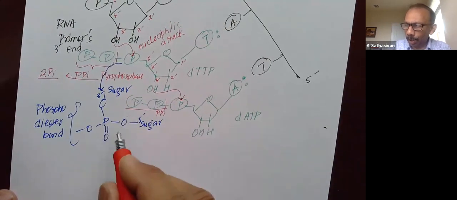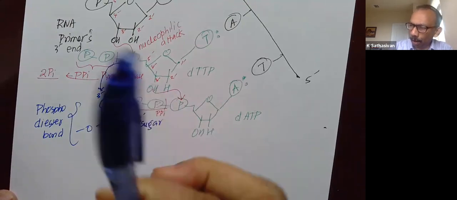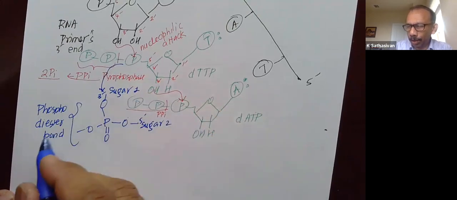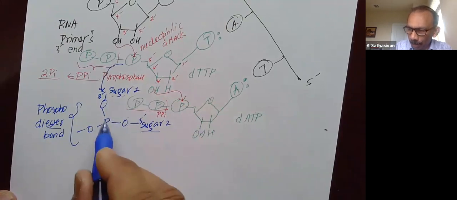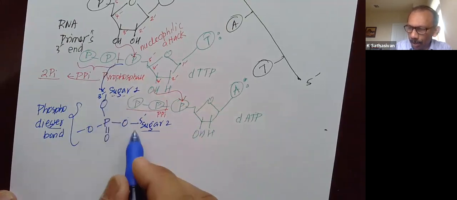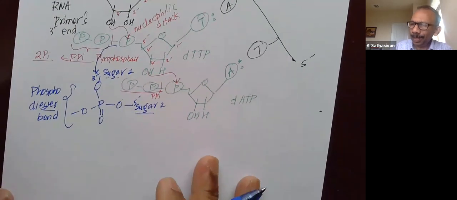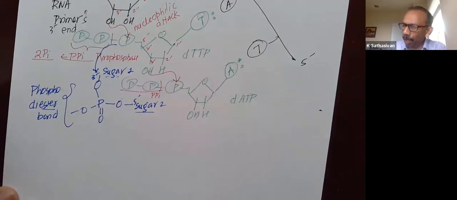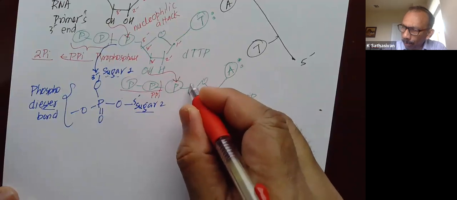And this will become this phosphodiester linkage. And this is the sugar 1 and sugar 2. Because the phosphodiester is a linkage between an alcohol and an acid, there are 2 ester linkages. That's why it is called phosphodiester linkage. So if you see the way it is happening here, I'm going to keep track of this 1, 2, 3, 4, 5.